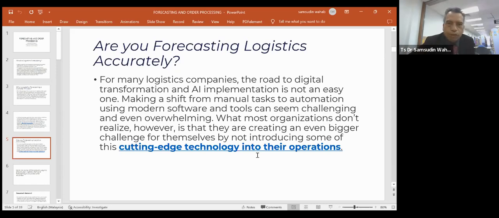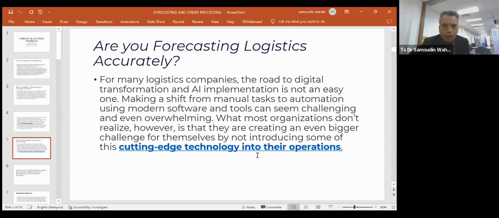Based on this fluctuation, we can do intuitive planning. Normally in our organization, a section or department can come up with it based on their past experience and their market knowledge. This one we call intuitive planning.